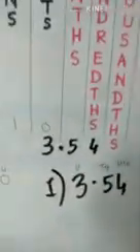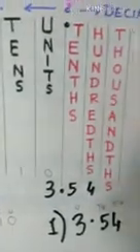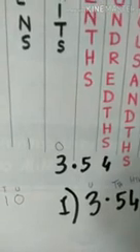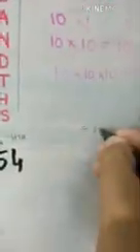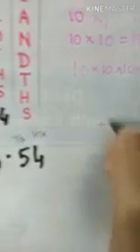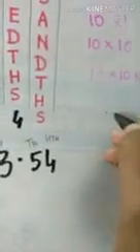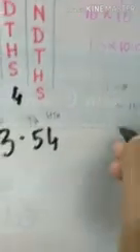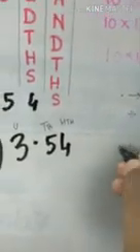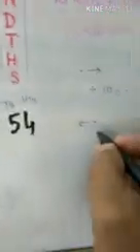Now one thing you remember, when we move towards the right, that is towards the decimal part, we divide by powers of 10. And when we are moving towards the left, that is the whole numbers, we are multiplying by 10.